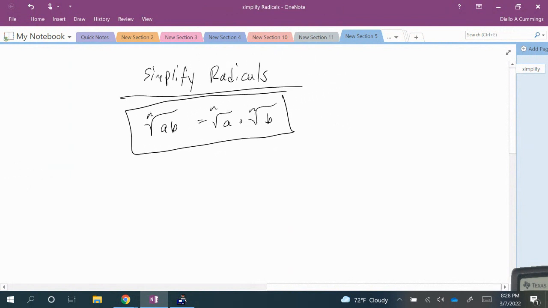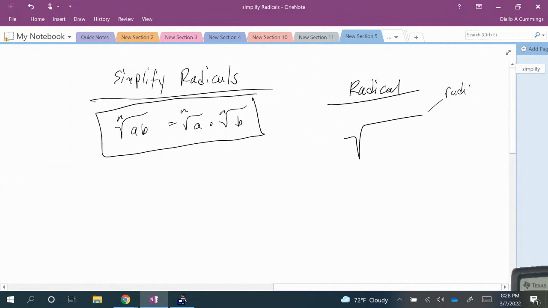Here's the setup for a radical. First we have the radical sign. We have an index. If you don't see an index, it's automatically understood to be a square root. There isn't a first root or anything like that.